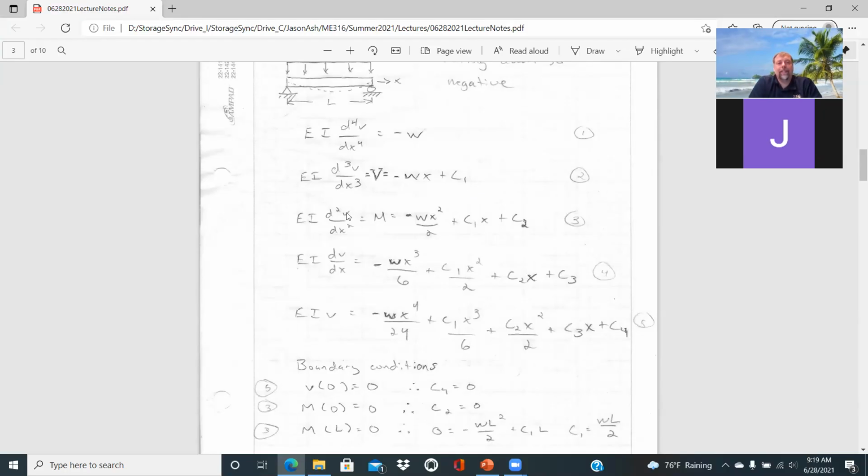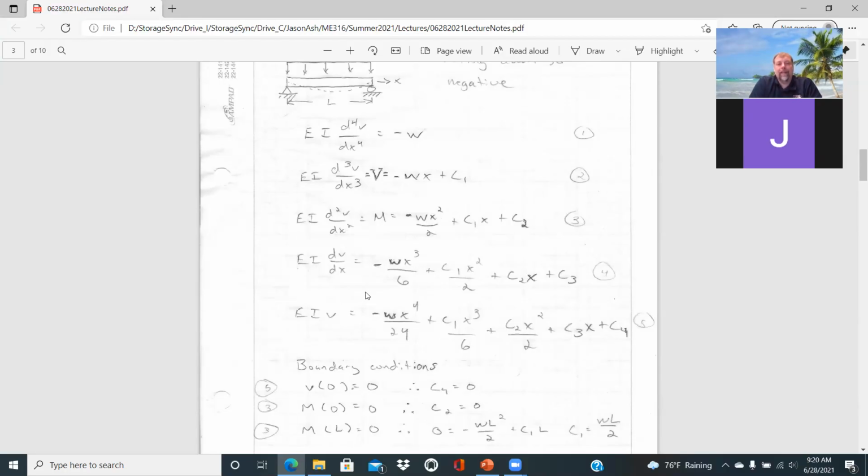That gives us our second equation. Integrate back again. We have EI d squared v dx squared is equal to our moment. So this is our internal moment as a function of x now. And that's going to be minus Wx squared over 2 plus C1x plus C2, which gives us our third equation.